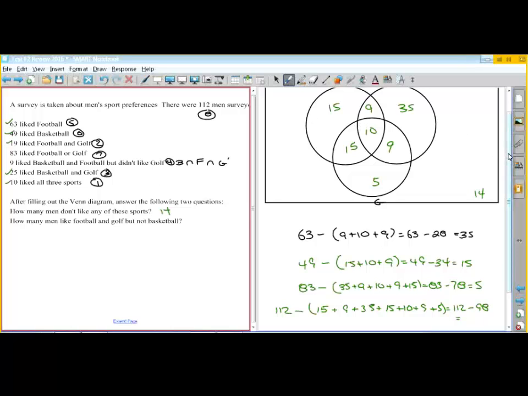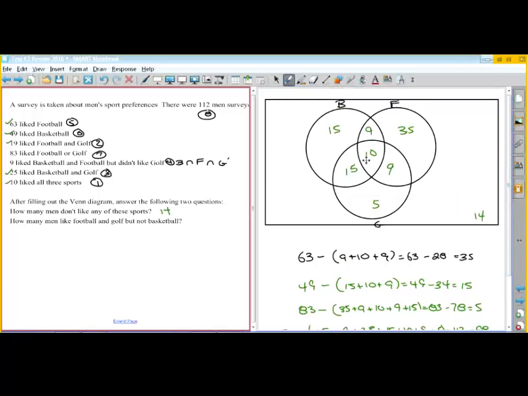So let's go back up here. Here's football. Here's golf. This is football and golf. But when it says but not basketball, you take that out of there. So you're going to have football and golf, but not basketball, leaves you with 9. And then you're done.